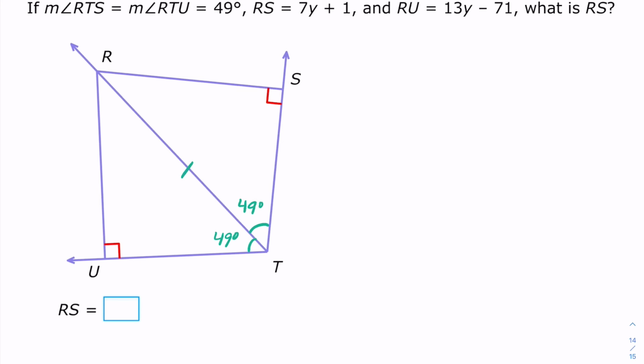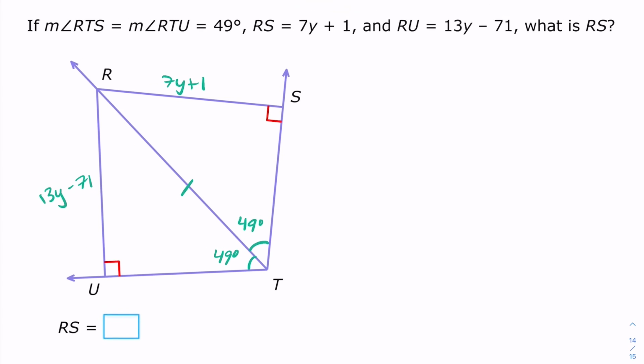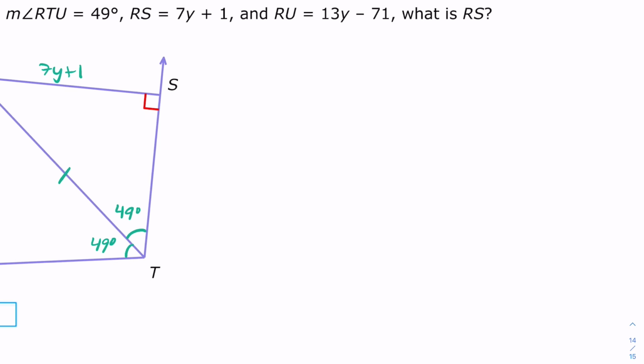They also have the congruent angles, so that's all good. So RS is 7y plus 1, and RU is 13y minus 71. And so those need to be equal before we can solve for RS, because the question is asking us to solve for RS. So I'm going to say 7y plus 1 equals 13y minus 71.